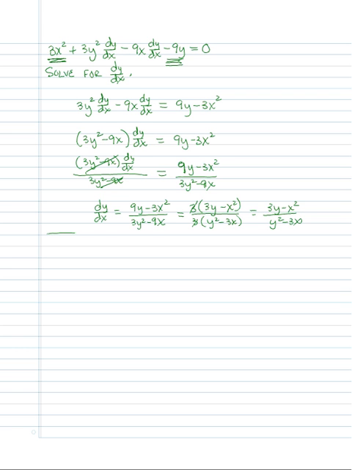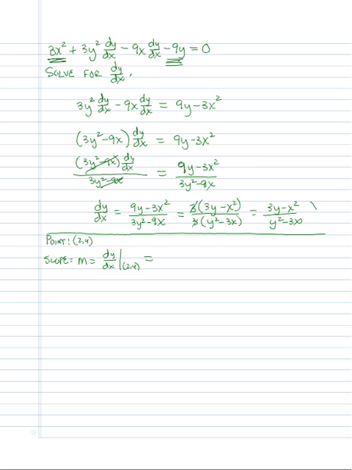Now, where am I? Let's remember, we're coming up with the equation of the tangent line. And the point that we are going to use is (2, 4). The slope we still have to calculate, but we're close now. The slope we calculate by taking the derivative and evaluating it at the point (2, 4), the point of tangency. And so that means, of course, we put a 2 in for every x and a 4 in for every y.